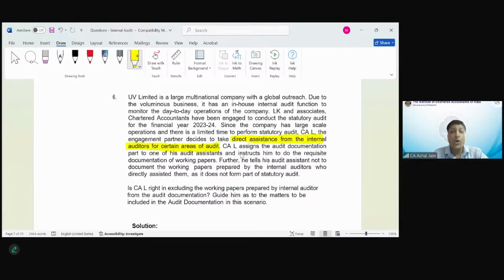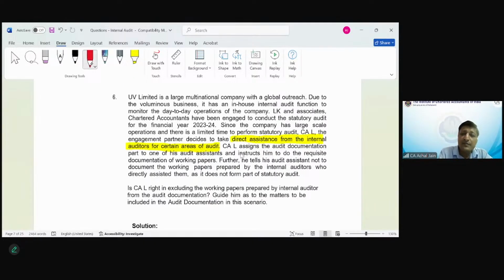CAL assigns the audit documentation part to one of his audit assistants and instructs him to do the requisite documentation of working papers. Further, he tells his audit assistant not to document the working papers prepared by internal auditors who directly assisted them, as it does not form part of the statutory audit.